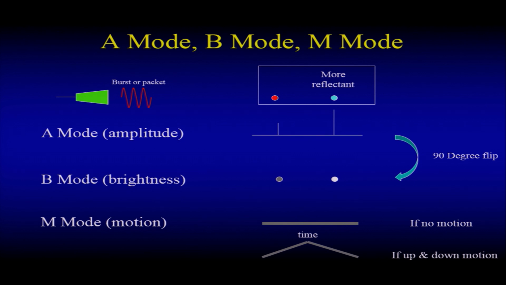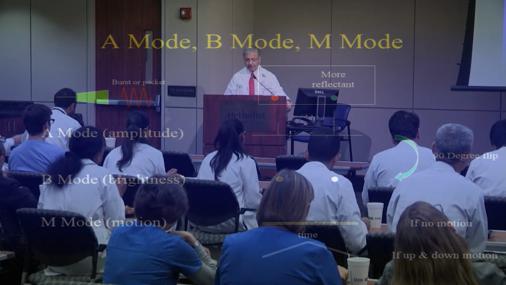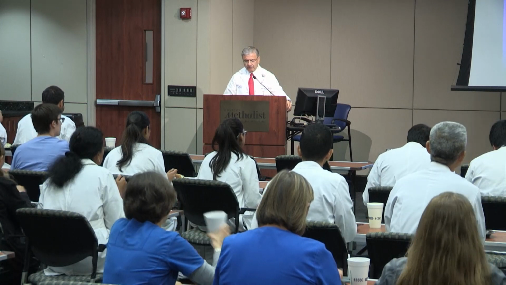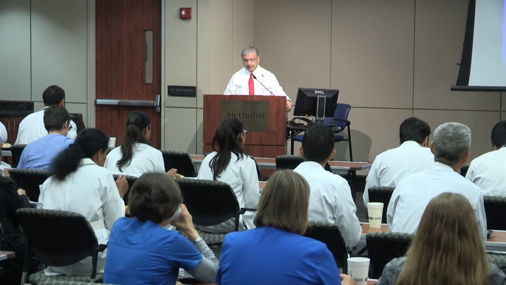If I keep sending those packets, they're going to be jumbled with whatever's reflected back, and I won't be able to tell how deep things are. So you send packets of ultrasound, and they could be maybe 3 wavelengths, 4 wavelengths, whatever it is, and then wait for it to come back. And the good thing is that it's fast enough that you'll be able to send quite a few of these. Okay, so that's the principle of an M mode.